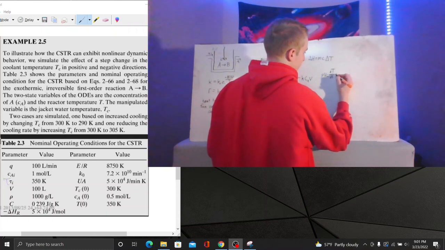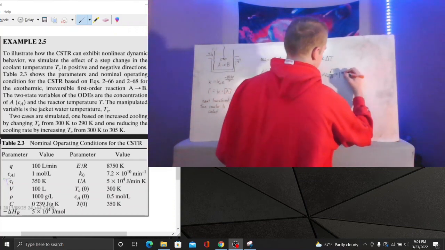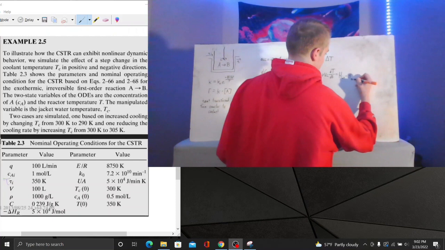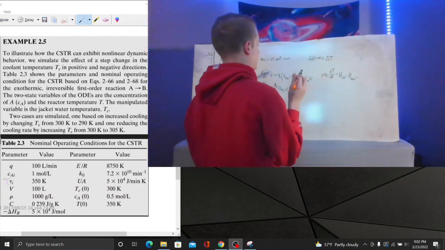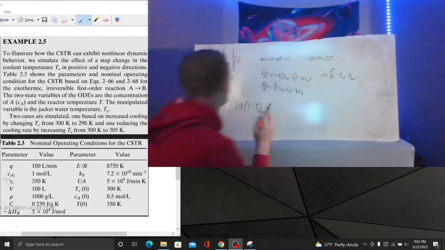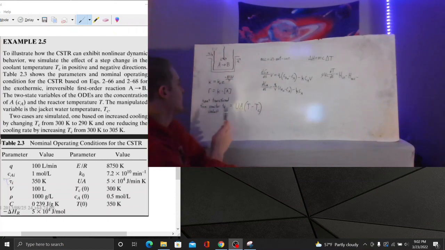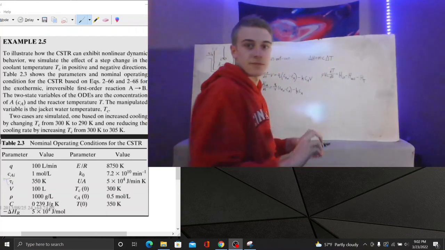And that will equal our H in minus H out, and then minus our consumed, which will be just our heat that is transferred from our reactor to the coolant right here, which I'm just going to call HT for H transferred.